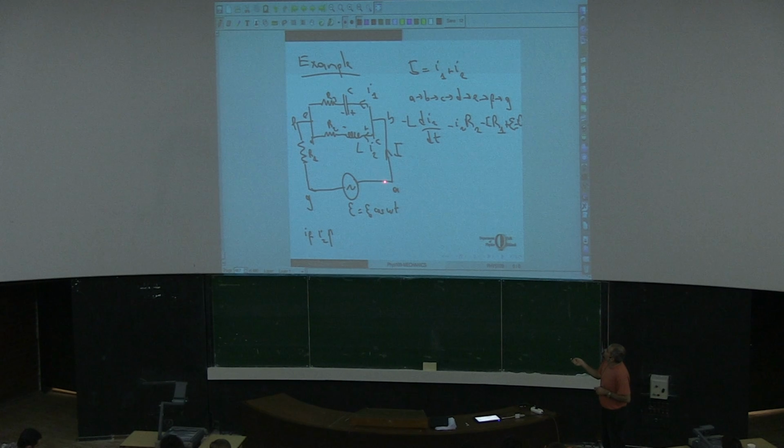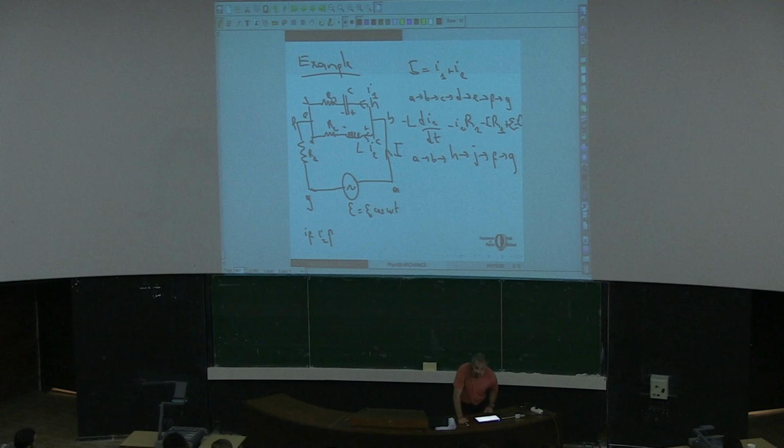And the third equation we can just obtain by going from A to B. This is H, this is J, A, B, H, J, F, G, and then back to A. I will start from here, go around this upper path and then back to A. From A to B, no resistance, nothing.